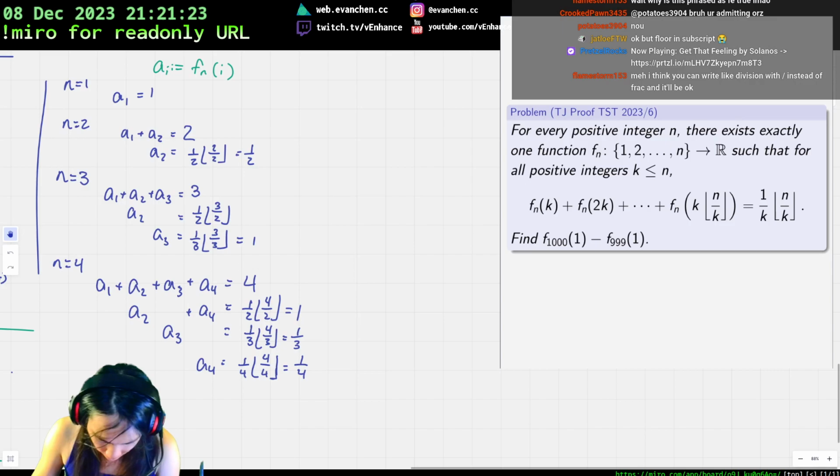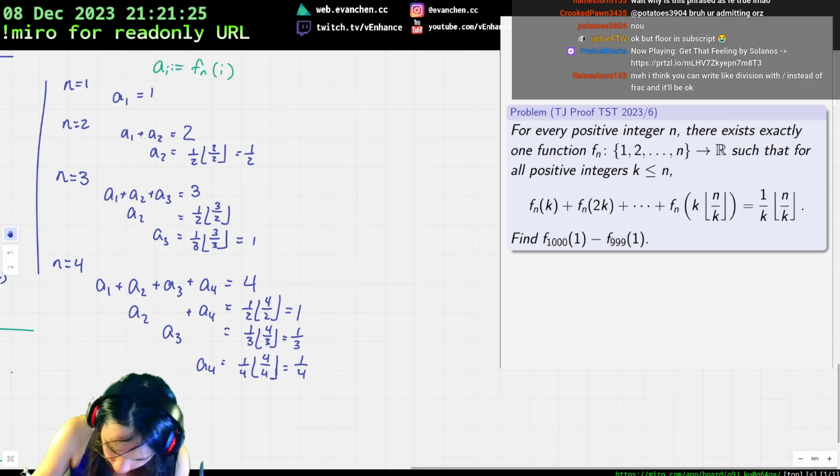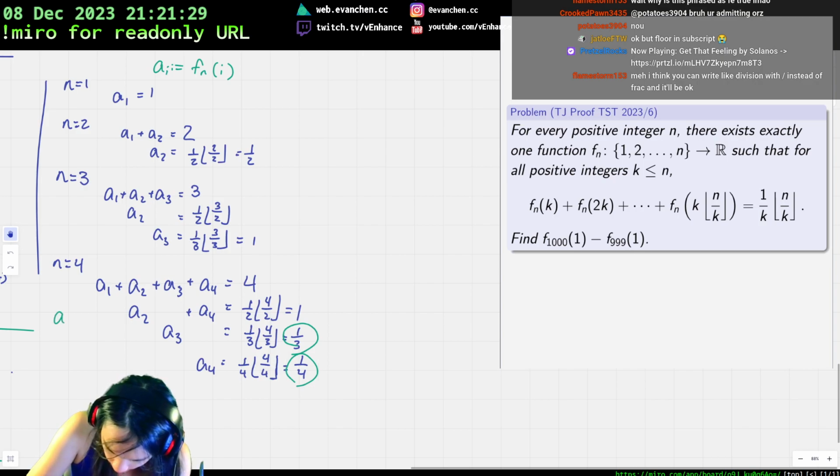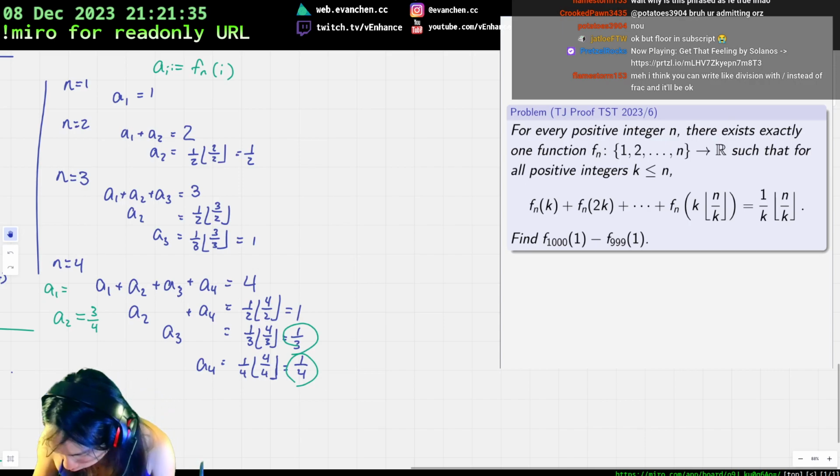I want to write down the explicit solution for 4 and see if I can guess what's going on. So here's a2, here's a4. a2 is like 3/4. And then a1 is, whatever a1 is. 1 plus a third, 4/3.